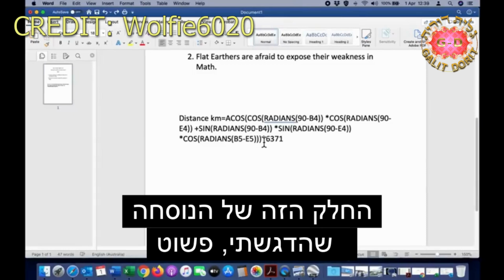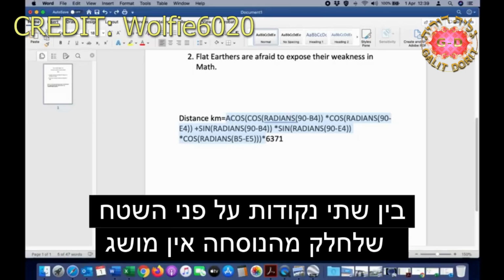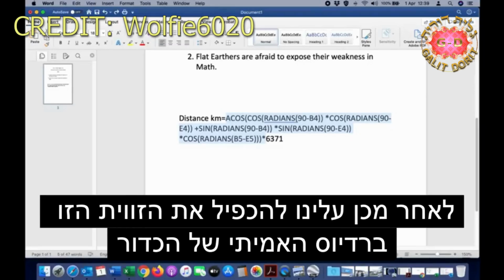And here is the formula. Now remember, this part of the formula that I have highlighted simply calculates the angle in radians from the center of a unit sphere between 2 points on the surface. That part of the formula has no idea about the size of the ball or how far the actual distance is.